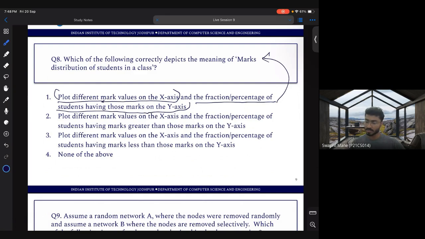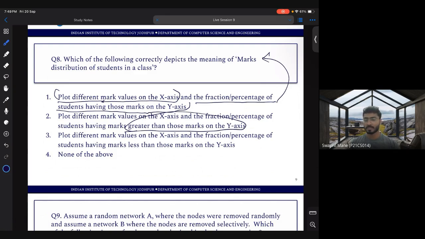Whatever marks have been plotted on the x-axis, the number of students who obtained greater marks than that is on the y-axis. So it does not present the marks distribution of the students.